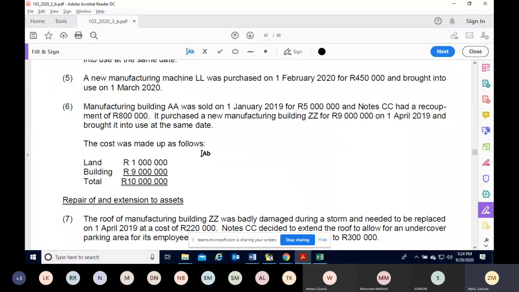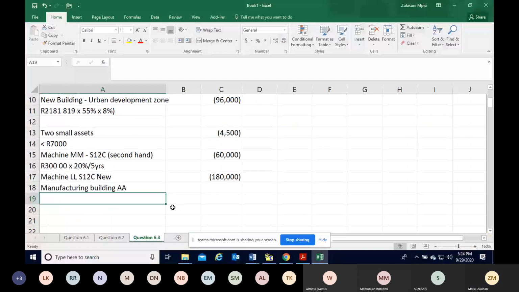The cost was made up as follows: land 1 million, building 9 million, and the total was 10 million. So this becomes land. We first deal with the land. In terms of the land, there is no allowance claimed on the land, so it becomes nil.